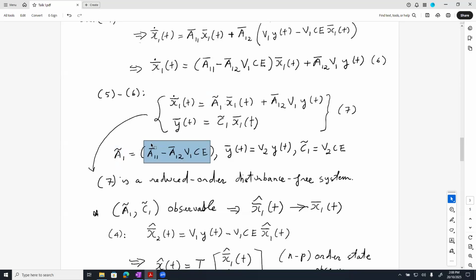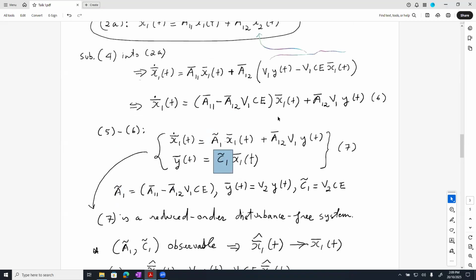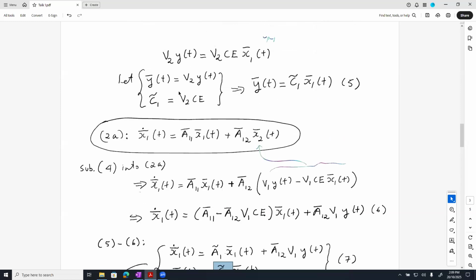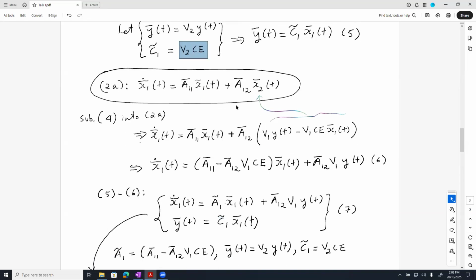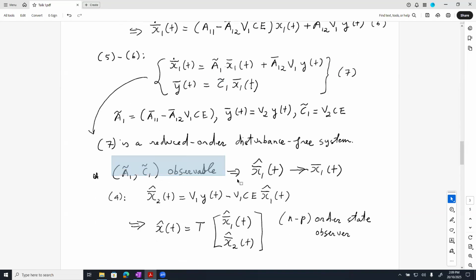It's in terms of those sub-matrices, A1 1 bar, A bar 1 2, V1, and E. So A1 tilde is a known matrix, and similarly, C1 tilde is also a known matrix, in terms of V2 and the matrix E. So if we have this pair observable, we can certainly design a reduced order observer to estimate x1 bar.